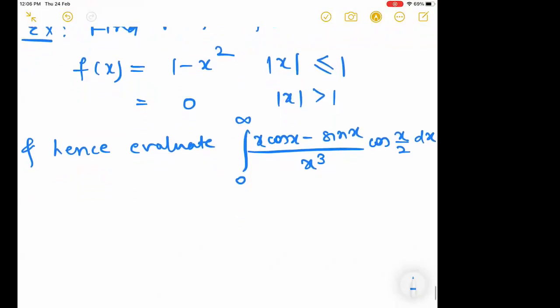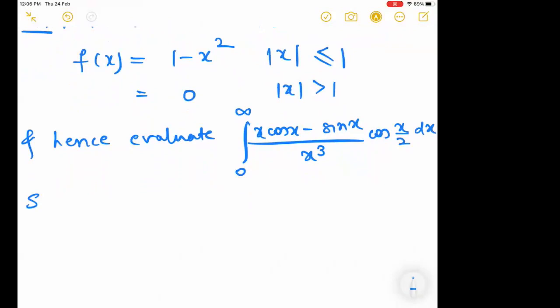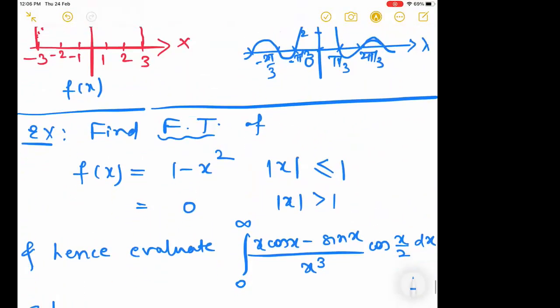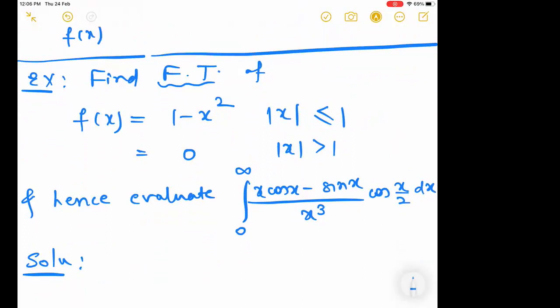So first, let us see the first part, then we'll go to the evaluation. As it is asked, the Fourier transform of the given function. Generally, when a Fourier transform is asked, it is better to understand whether the function is even or odd.